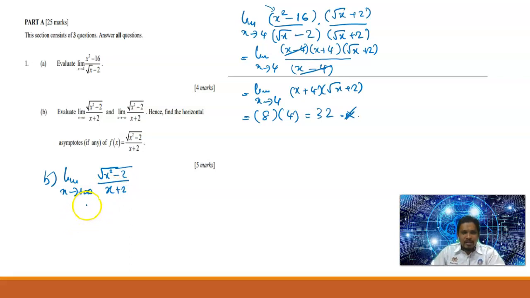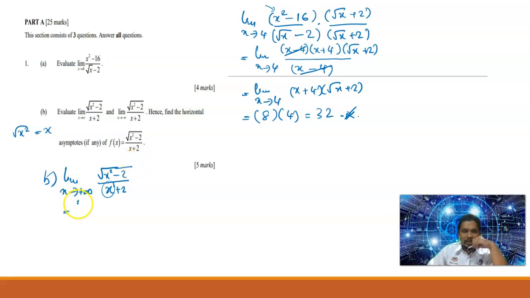Okay, so class, for limit of x approaching positive or negative infinity, we are going to divide every single term with the highest degree of x from the denominator. And the highest degree of x from the denominator is 1 here. But if you look at this, you might think that the highest degree of x is 2. But don't forget that square root of x squared is going to give you an x.